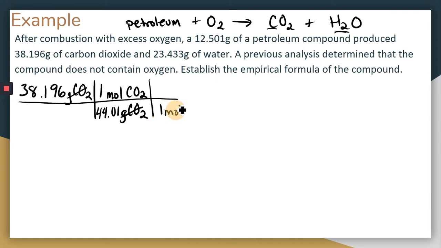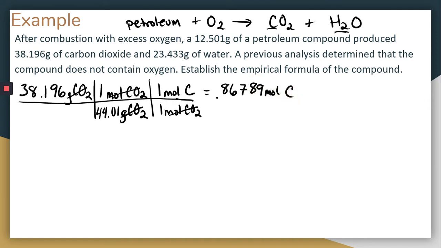So we're going to say 1 mole of carbon dioxide is 1 mole of carbon, because there's 1 carbon in carbon dioxide. So then the moles of carbon dioxide cancel. And then keeping our significant figures, 8, 6, 7, 8, 9 moles of carbon.